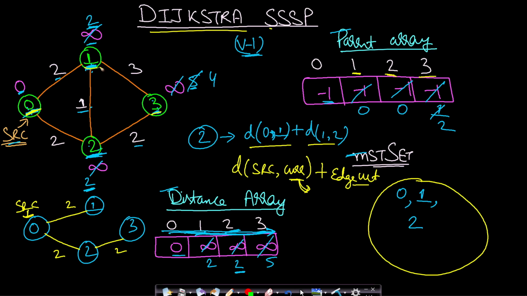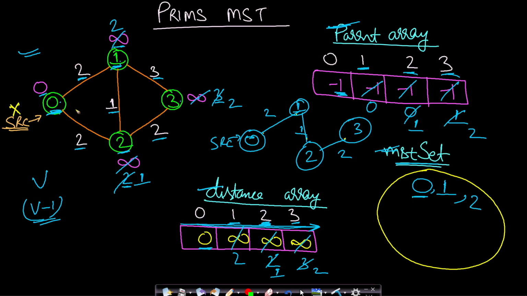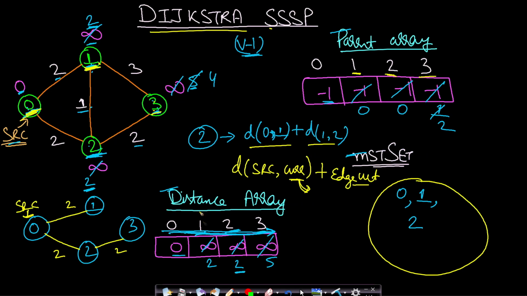So if we were at this 1 and we were relaxing the edge from 1 to 3, then we were considering the minimum distance to reach this 1 from the source node, plus the edge weight from 1 to 3. So there were two distance values being considered, but in the previous algorithm we had just the single edge weight, right? So this is the very important difference between Prim's algorithm and Dijkstra.